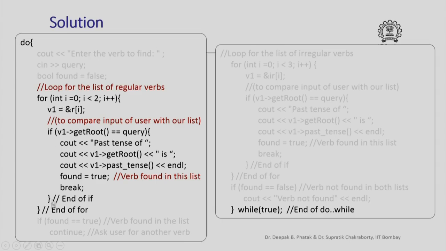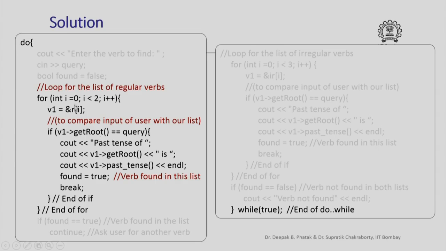So let us see it in action over here. We say if v1 arrow getRoot is query. Once again v1 is an abstract class, so v1 arrow getRoot is actually going to invoke getRoot of the class by first finding out what v1 is actually pointing to.